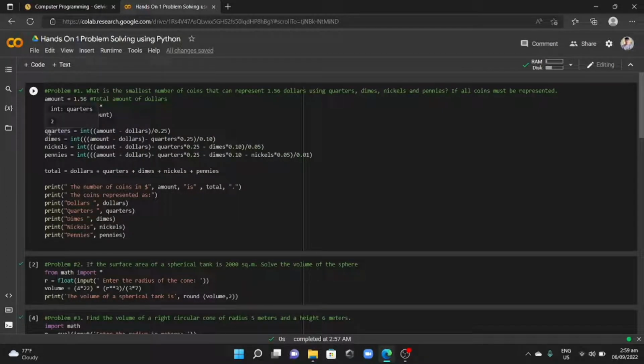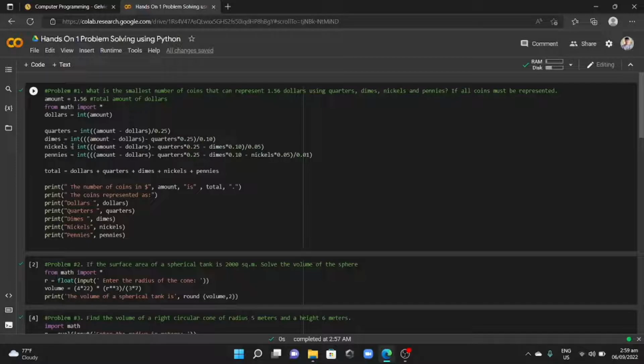For the quarters, we have quarters is equal to int(amount of dollars / 0.25). For the dimes, we have dimes is equal to int((amount of dollars minus quarters, which is 0.25) / 0.10).